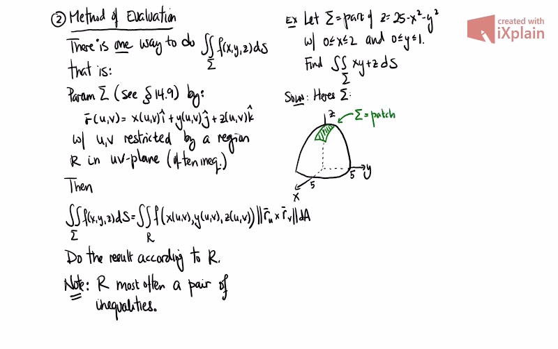So the way that we'll parameterize this is we'll do r, and x and y are two good variables because they have nice inequalities. So we'll do x i, y j, and then z, to be on the paraboloid, needs to be 25 minus x squared minus y squared. And this is with x between 0 and 2 and y between 0 and 1.